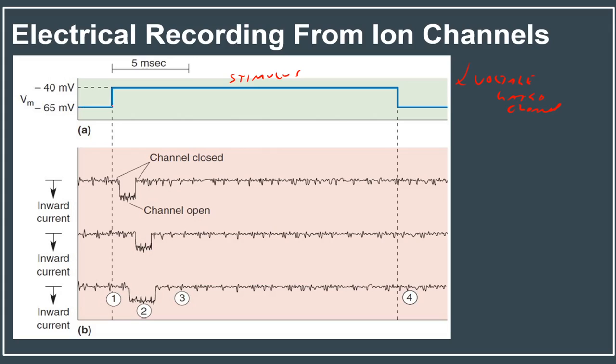And then right here, the experimenter said, I'm going to flick a switch and put a new voltage across that plasma membrane. And as soon as he did that, he held a voltage pulse, held that cell at a new voltage, where he overrode that battery, essentially, of the cell.